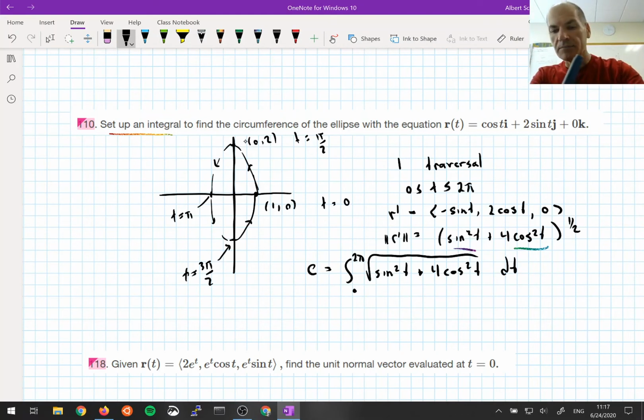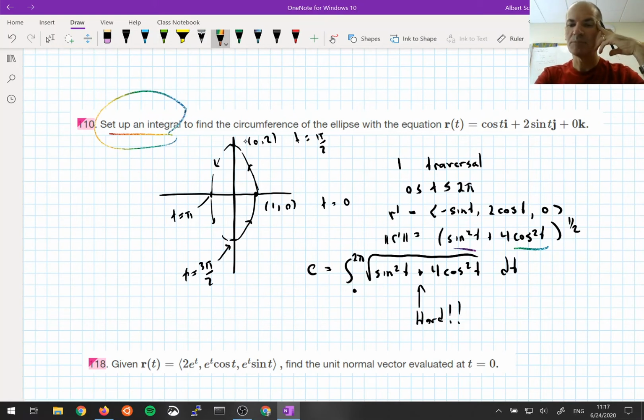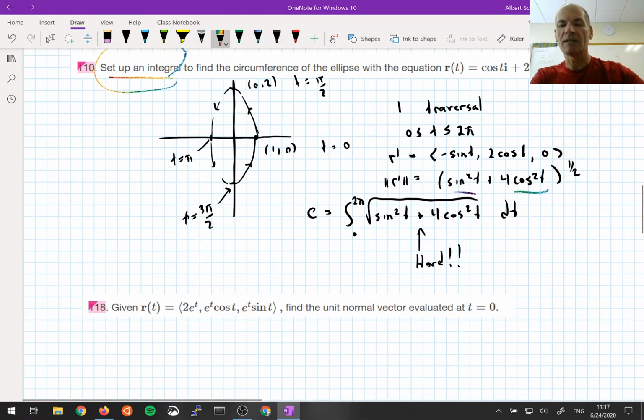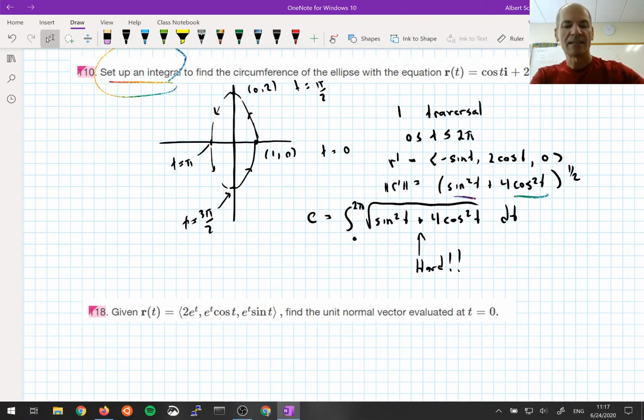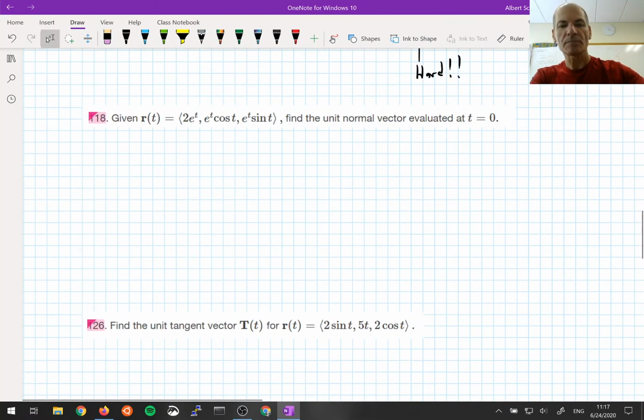That's a hard integral. Luckily, you only had to set it up, right? You didn't have to do it. So we've set it up, we're done. If we want to figure out what the circumference is, we could go over to Wolfram Alpha, or we could start grinding away with perhaps some sophisticated integration techniques.